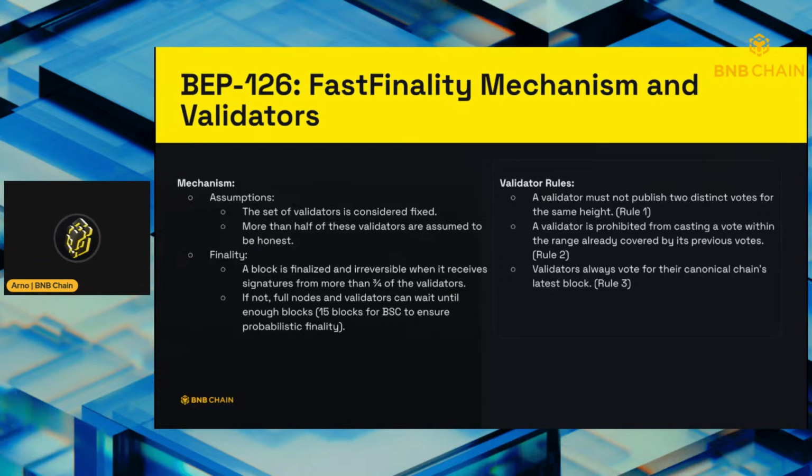So there are a few assumptions, first of all. The assumption is that the set of validators is considered fixed. As you know, for the BSC network, each set of validators is re-ranked every 24 hours. Based on the weight of the delegated amount of BNB that a validator has, the ranking is made, and then every 24 hours the new ranking is pushed to the BSC in order to elect, for example, the next validators for the next 24 hours, which means that you can consider it fixed for a certain amount of time.